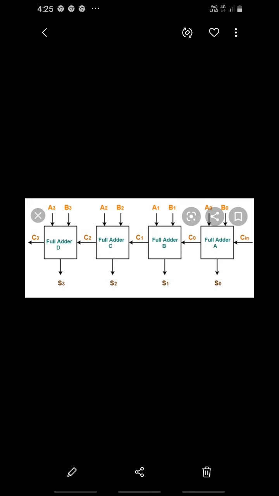MSB means most significant bit, LSB means least significant bit. So from the above figure, it can be seen that all the bits are given at a time to the adder and the result is got immediately, hence it is known as the parallel adder.